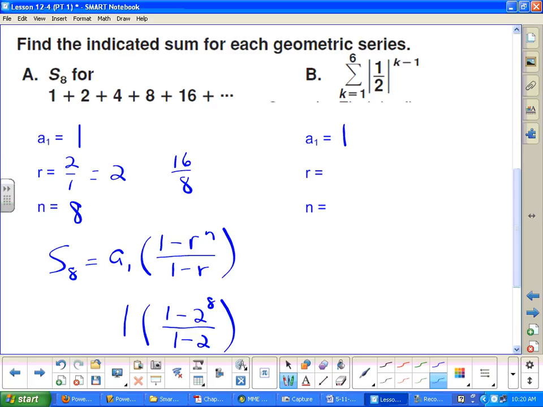The value of r is what? What's being raised to a power? 1/2 is. When it's in this form here for summation notation, r is what's being raised to the power.